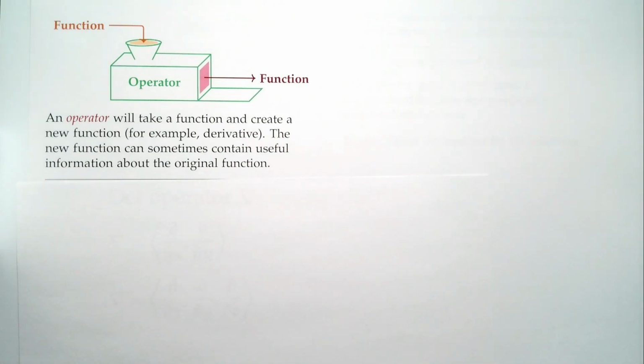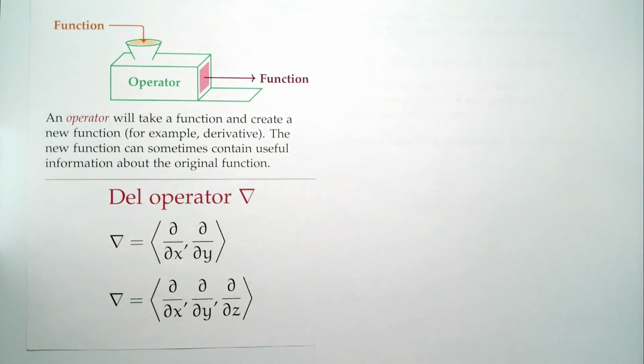Now, we want to create operators for our vector-valued functions. And we're going to do it with what's called del, which we've seen before, the del operator. And we saw this when we talked about gradients. In fact, that's how we're going to start off, by talking about things that we can do. So the del operator, you think of that as the collection of your partial derivatives. Now, it depends on your dimension as to how many.